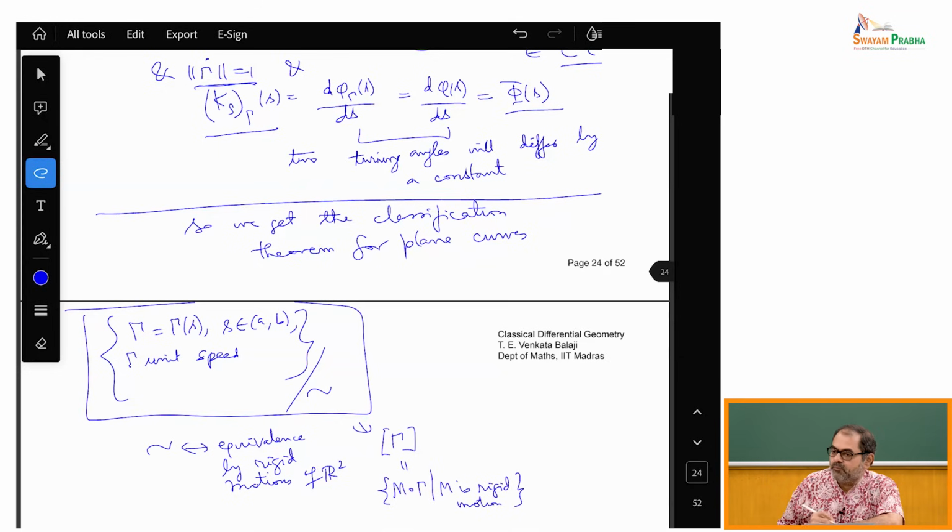You put all the rigid motions of a curve in one equivalence class, and one curve being rigid motion equivalent to another is an equivalence relation. Every curve is rigid motion equivalent to itself by the identity map, which is a rigid motion. And if one curve can be moved to another by a rigid motion, then the second can be moved back to the first by the inverse of the rigid motion, which is also a rigid motion, and that is symmetry.